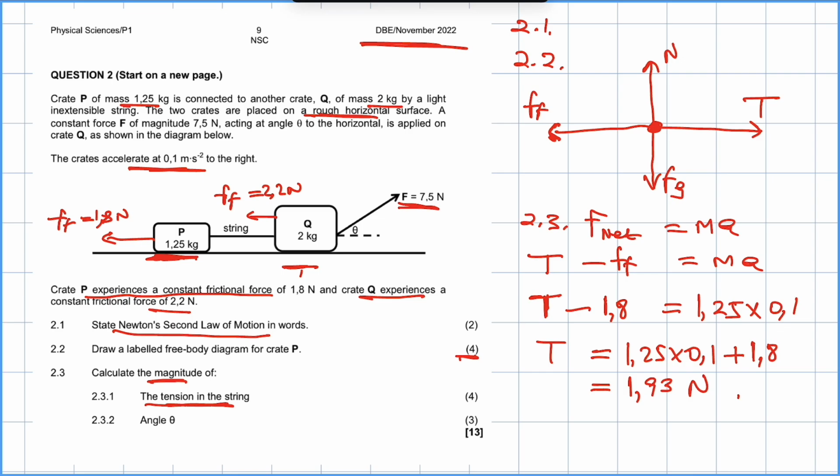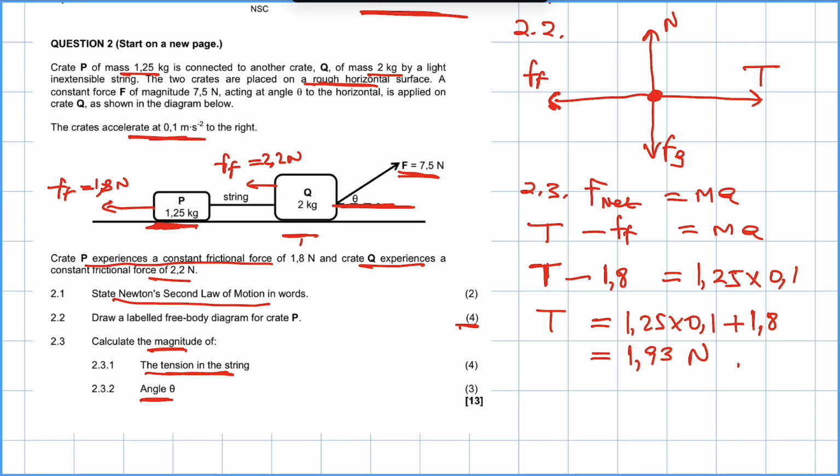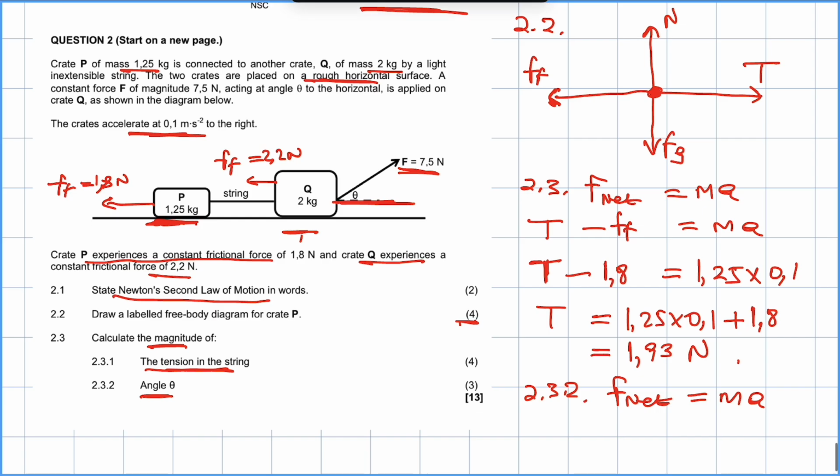And then the last question is asking for the magnitude of angle theta. We know that theta is the angle between the horizontal and the applied force of 7.5 newtons acting on crate Q. So we're going to apply Newton's second law on crate Q. So F net is equal to ma.